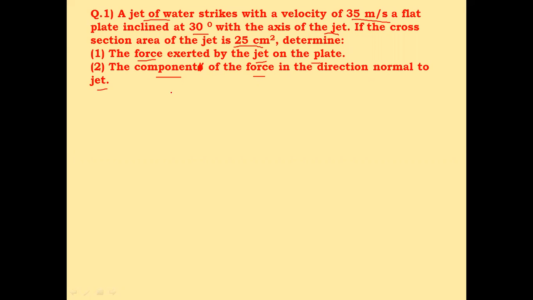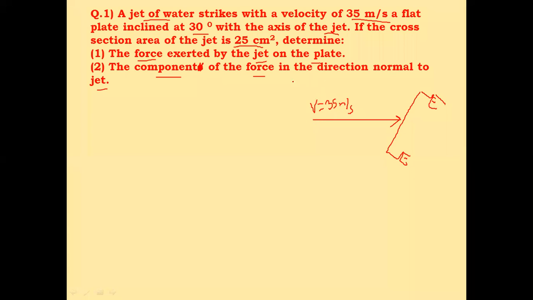So just by looking at the question, we will see what we have been told to find. This is an inclined plate which is stationary, and this is the jet which is striking with a velocity of 35 meter per second.